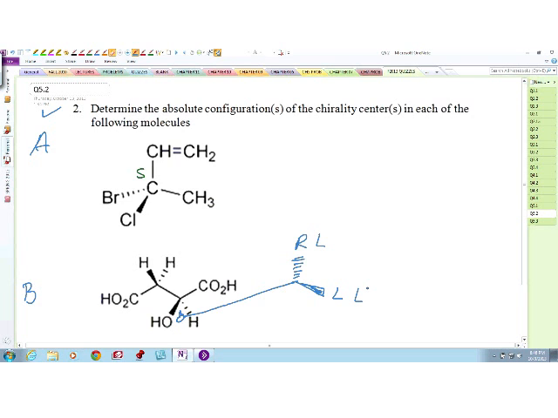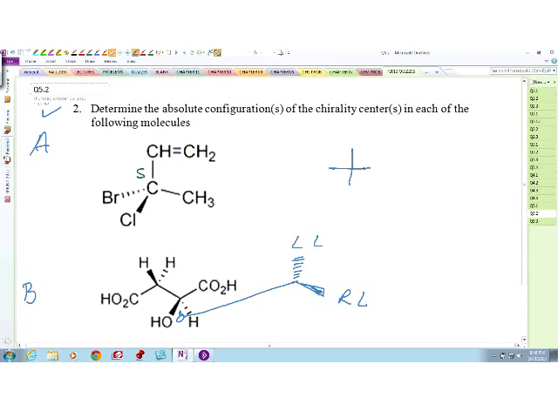Wait a minute. Am I right? No, I'm doing it like this. Okay, I got that wrong. This is my left leg, and this is my right leg. I'm looking like this, right? Left is here and right is here.